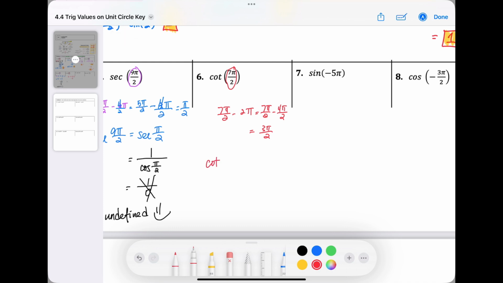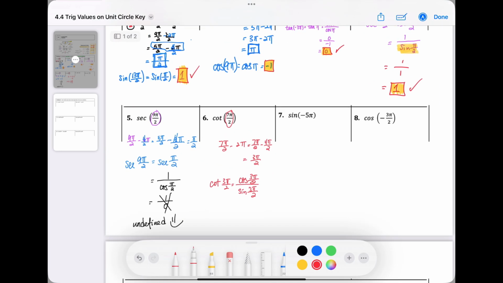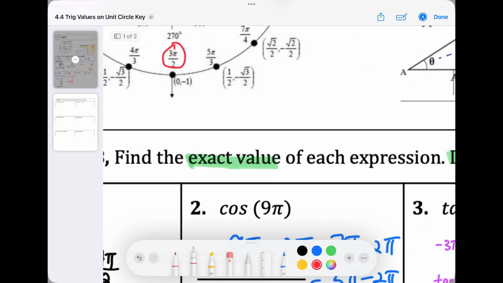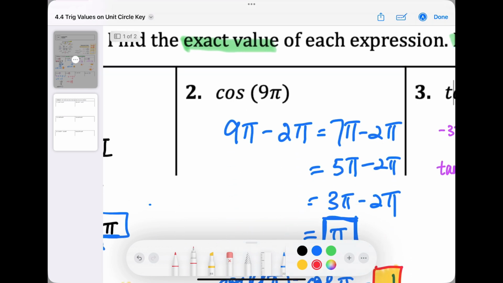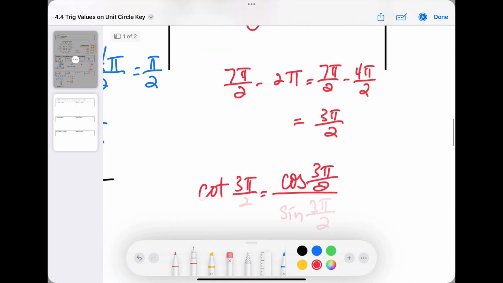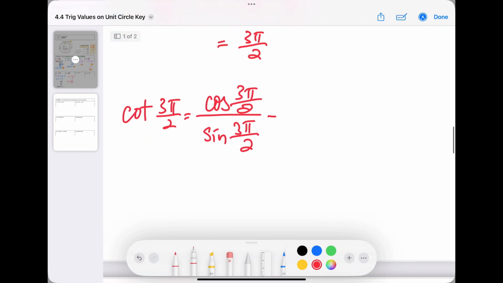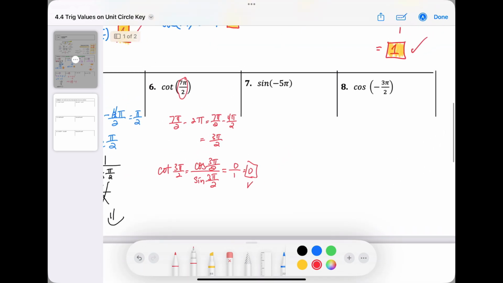Now, you may say, cotangent, I know that this is equal to cosine over sine. And you are right. So when you go to your answer key, make sure the cosine is 0 and my sine is negative 1. So my final answer will be 0 over negative 1. The answer is still 0.